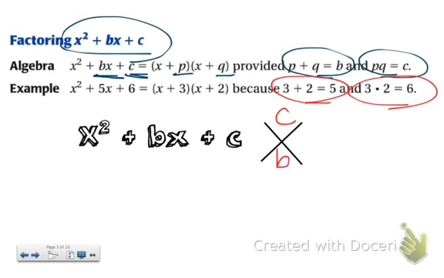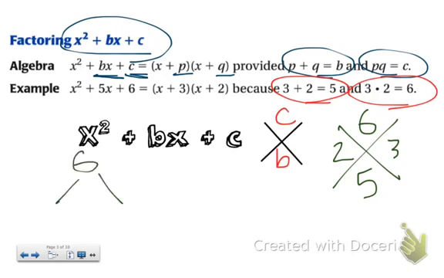So this is my x. I'm asking what times what gives me 6 that when added together gives me 5? Well, 2 and 3. Very similarly, you could also write it out this way. What times what gives me 6 that when added together gives me 5? Well, 2 times 3.